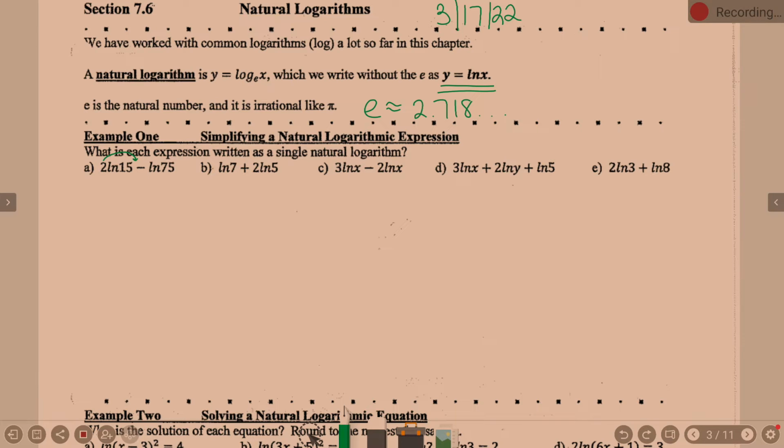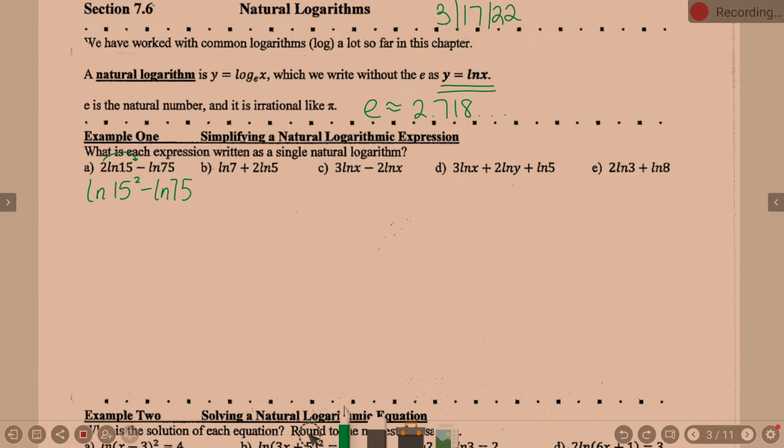So 2 natural log of 15 can be rewritten as natural log of 15 squared, still minus natural log of 75, of course. And if you want to go ahead and square 15, you can. I will later.